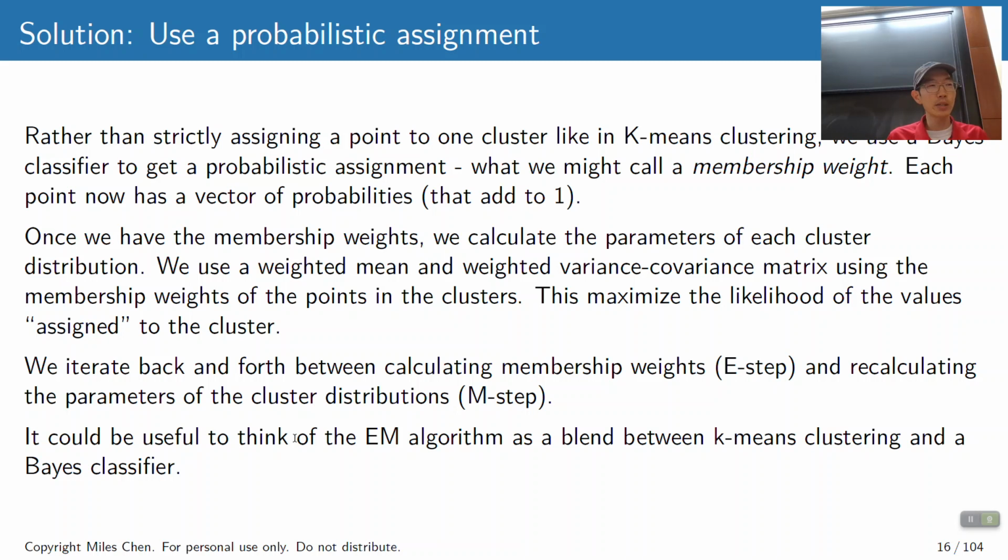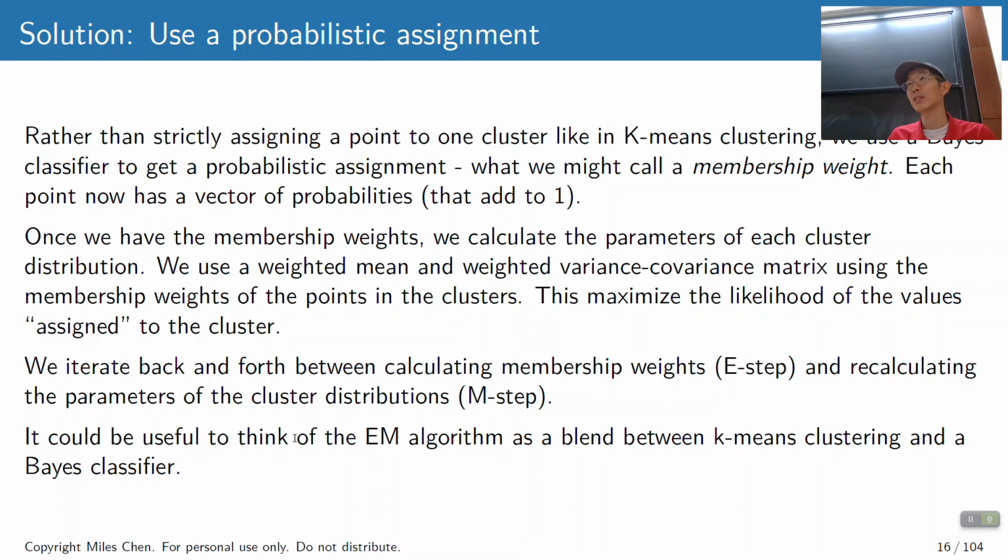And what we will do now is, in k-means clustering, you got your points and then you calculated the centroid of the points that belong to that cluster. Here, you're going to get probabilistic membership weights for every single point, and we're going to calculate a weighted mean. We're going to say this point is 99% cluster 1, so it's going to contribute 99% towards the mean of cluster 1.